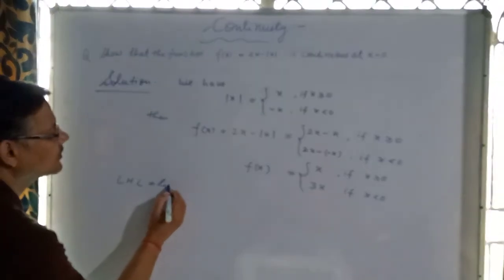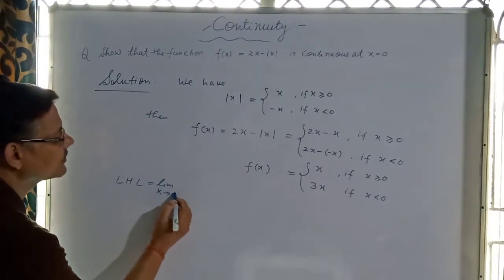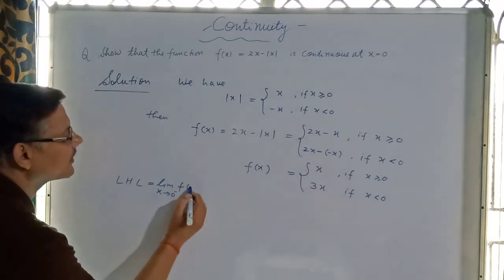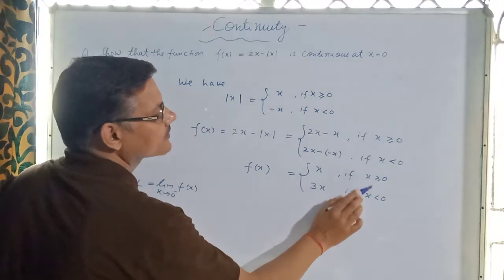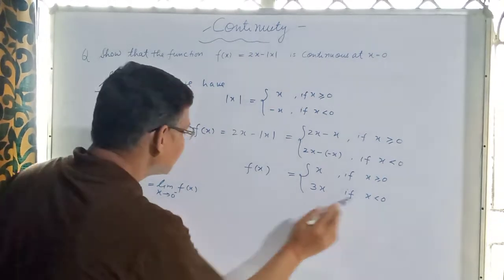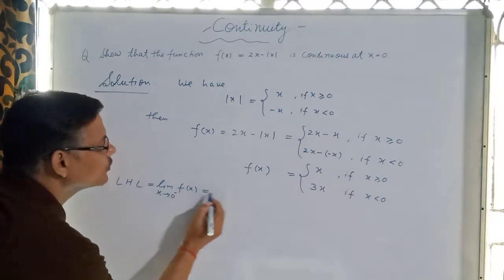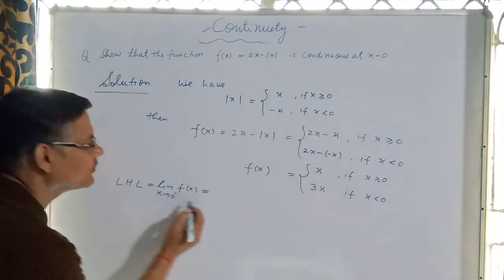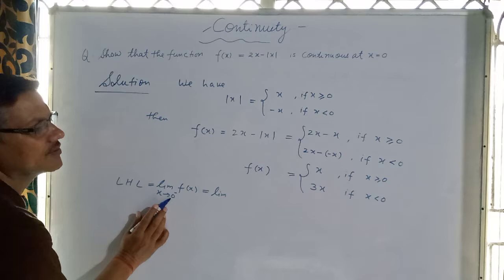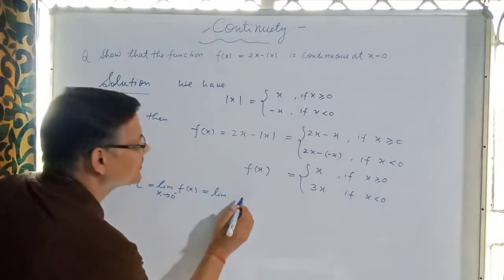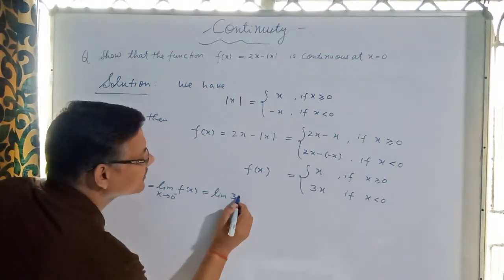It is equal to limit x tends to 0 from left f(x). Since the function is divided for more than 0 and less than 0, here it is not required to use the term h. Directly we can put the value of the function for less than 0, and in the case less than 0, actually it is 3x.